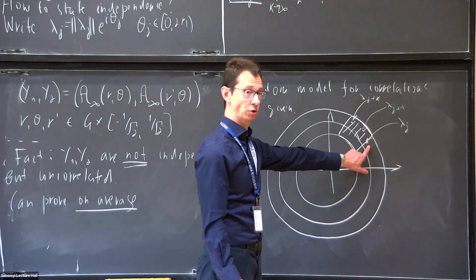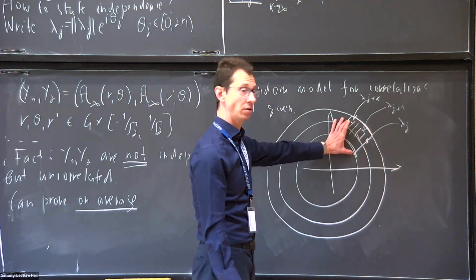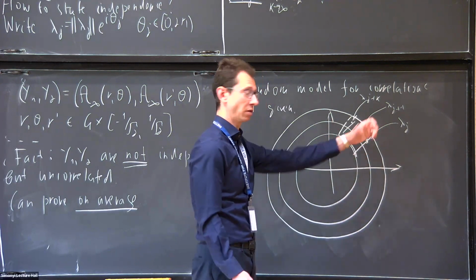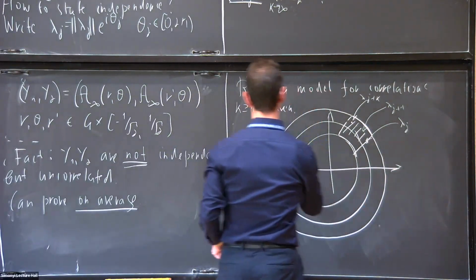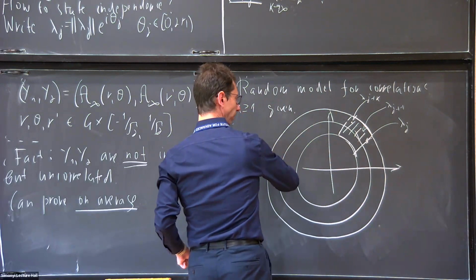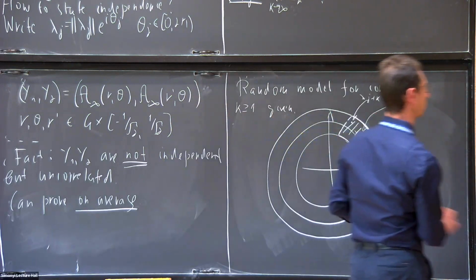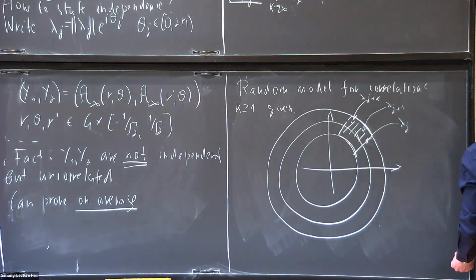That is, we are going to translate this rectangle, or approximately rectangle, by lambda j.